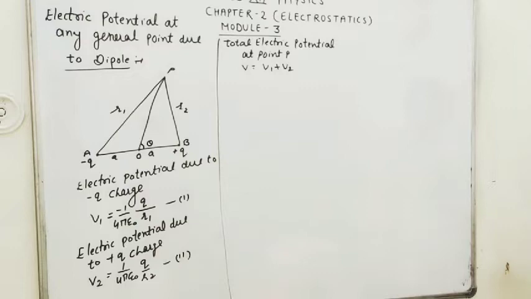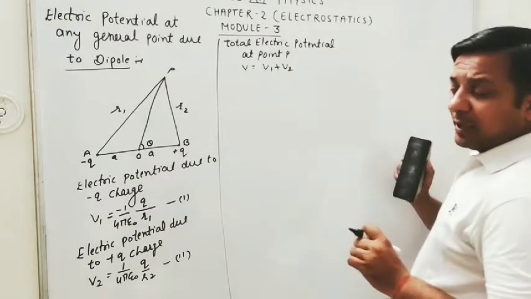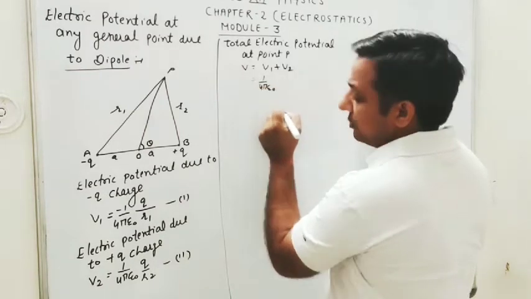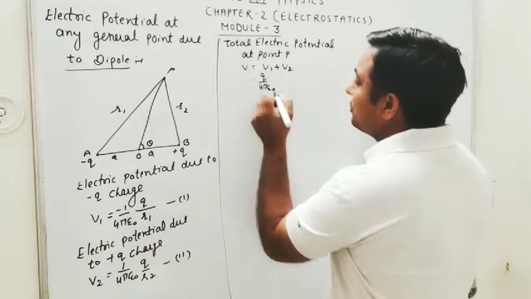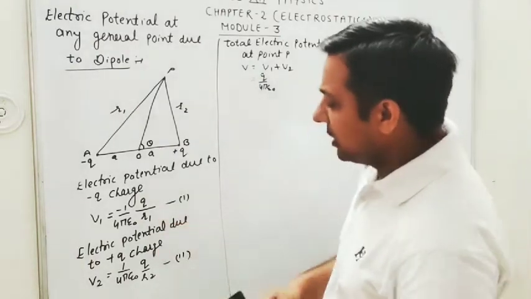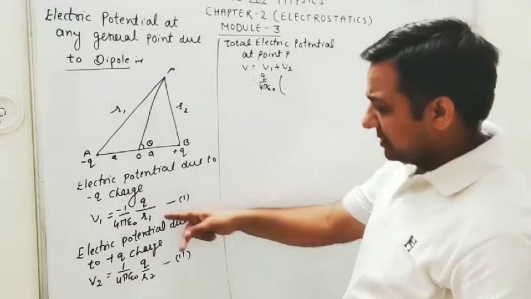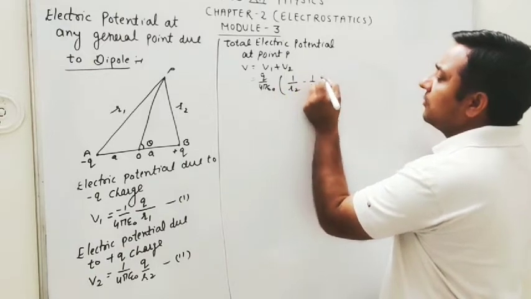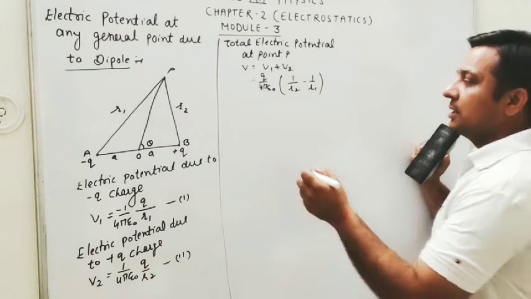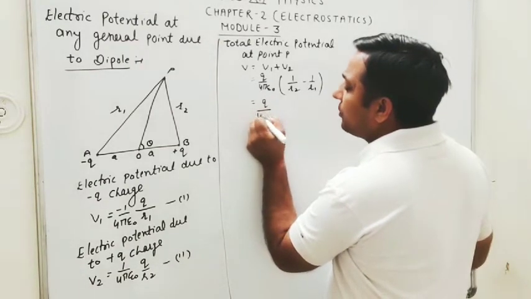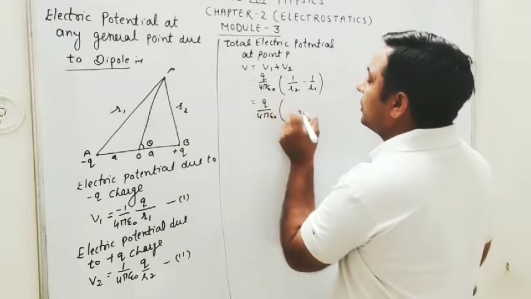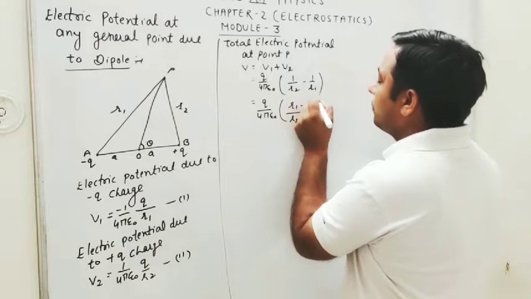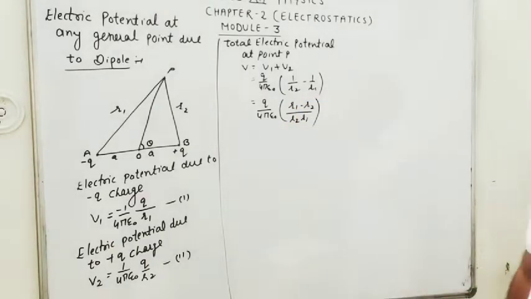So V is equal to V1 plus V2, that is equal to 1 by 4 pi epsilon naught, taking Q common, 1 by R2 minus 1 by R1, because R1 is of minus, so it is written behind. This is clear. And that is equal to Q upon 4 pi epsilon naught, R1 minus R2 upon R1 R2. Right. This is the electric potential at any general point.